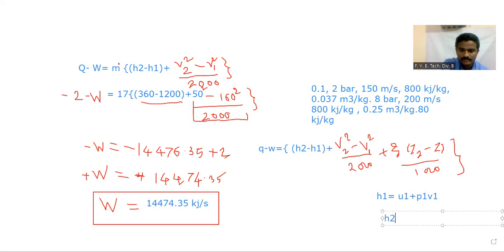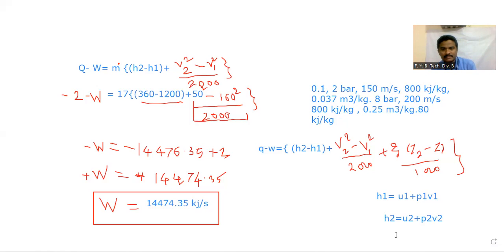Similarly, h2 is equal to u2 plus p2 v2. Find h1 and h2 values separately, then substitute in the SFEE on mass basis and tell me the final answer.